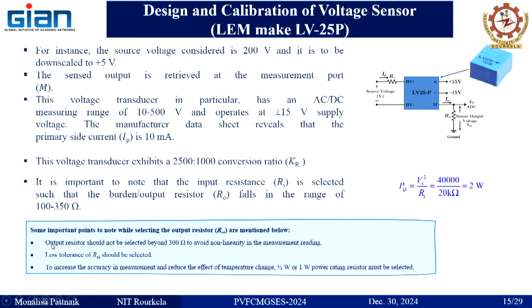Some points to be noted here: the output resistor should not be selected beyond 300 ohm to avoid non-linearity and to increase accuracy, and we consider the maximum power dissipation as half watt or 1 watt maximum.